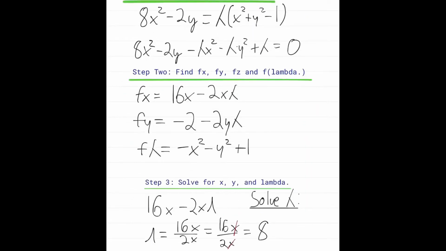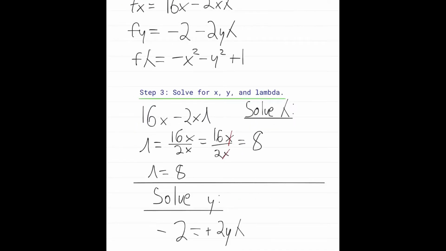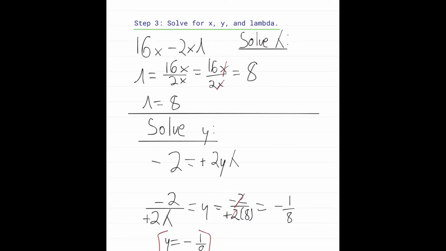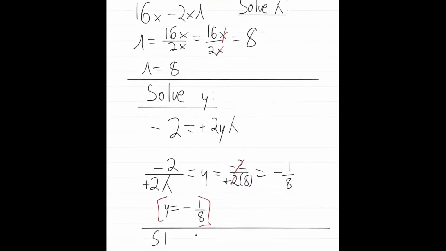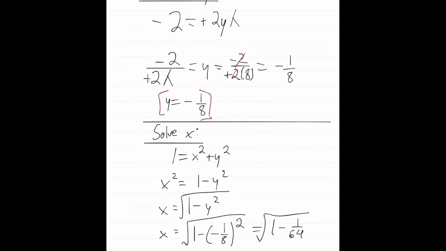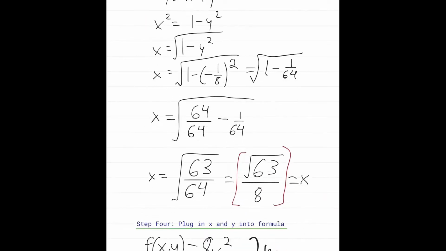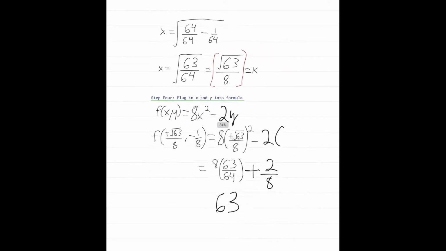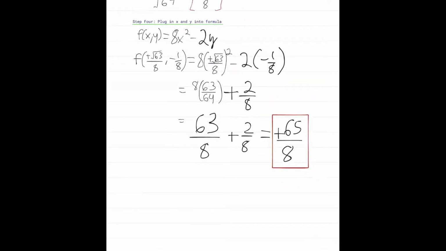In doing so, in step 2, we found the partial derivatives fx, fy, and f lambda. In step 3, the first approach we did usually is we solve for lambda. Why? Because lambda is usually in every function. So we solve for lambda. Then having lambda, we solve for y. Having y, we solve for x. And that's just simple arithmetic. And from there, we plugged in x, y into the formula of the original function. And then we got our Lagrange multiplier answer of 65 over 8.